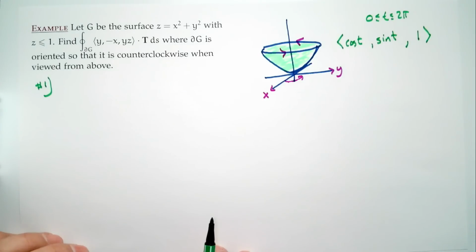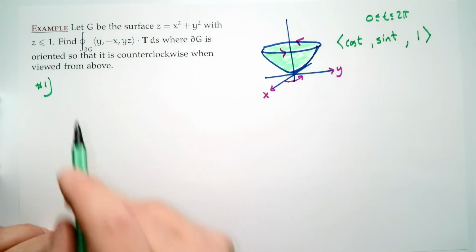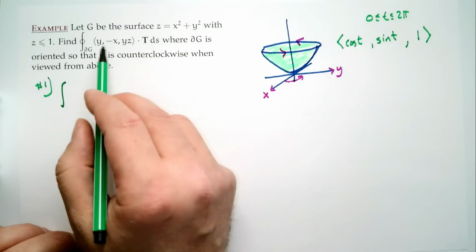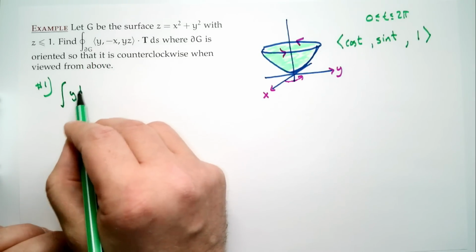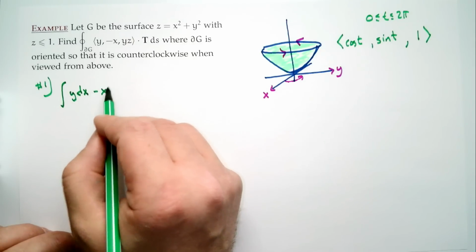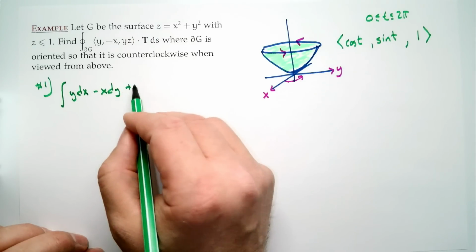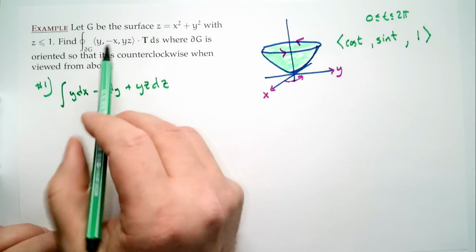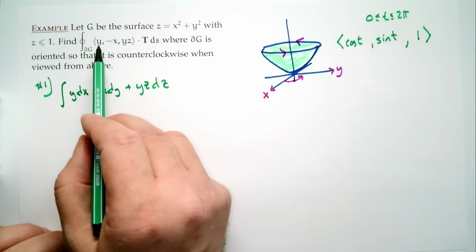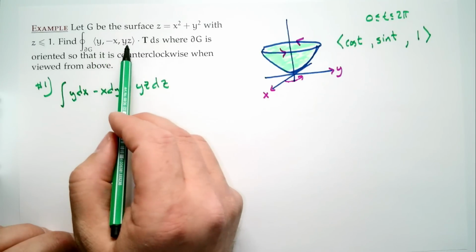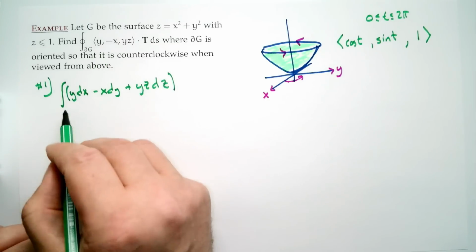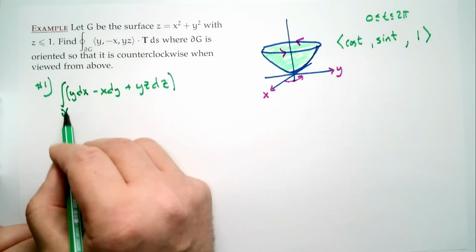So, according to this, this integral here you can write in the following way: y dx minus x dy plus yz dz. Whenever you see a dot T ds, it's the first thing dx, second thing dy, third thing dz. So that's our integral, and we're doing this on the boundary.